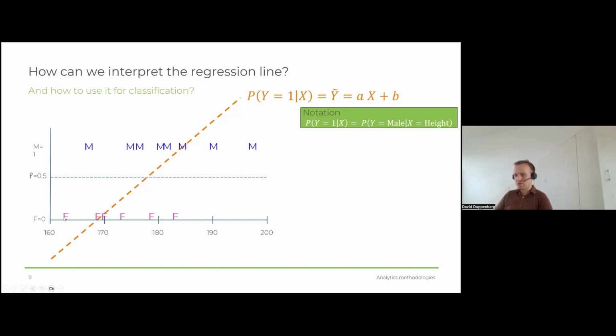So you can see we have a 0 and 1, and everything with a prediction probability higher than 0.5 will be assigned M. Everything with a prediction probability lower than 0.5 will be assigned F. This is also a way to make predictions, because the intersection of y equals 0.5 and the linear line that we created is similar to the decision boundary that we saw before.